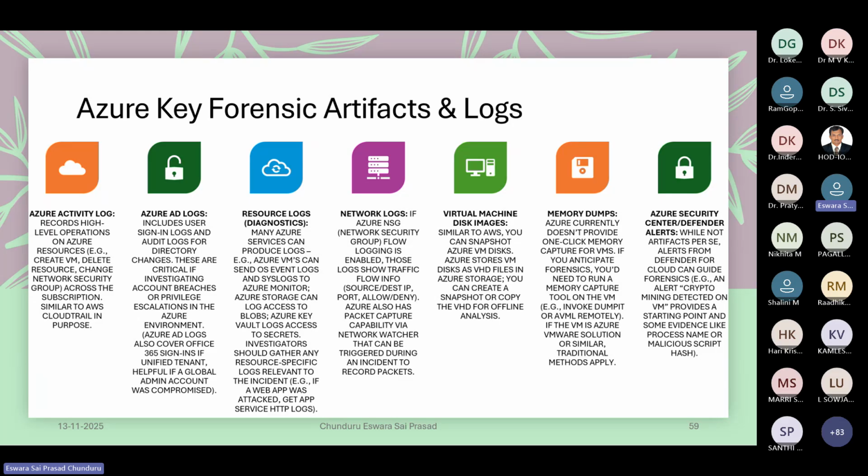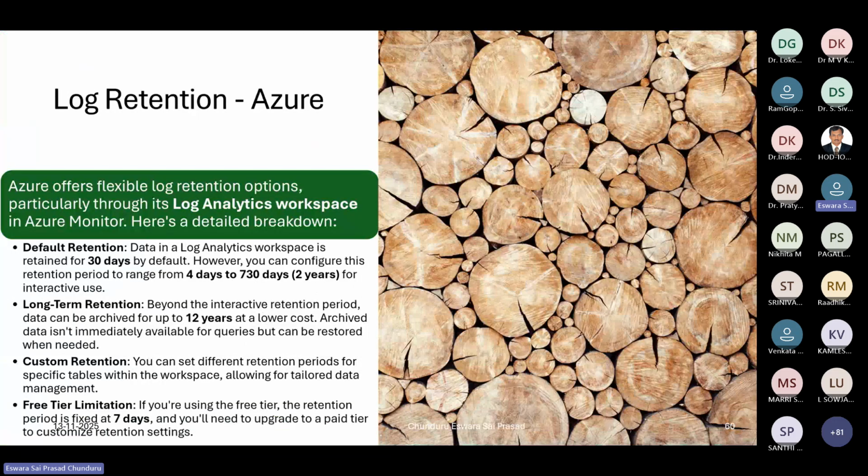And then Defender logs or Defender alerts are another thing, or Sentinel logs are another resource or forensic artifact that has to be collected as part of conducting the Azure forensics. So coming to the retention, data in a log workspace will be retained for 30 days by default, but we can configure from 4 days to 730 days, that is 2 years, with subscription modes or licensing modes.